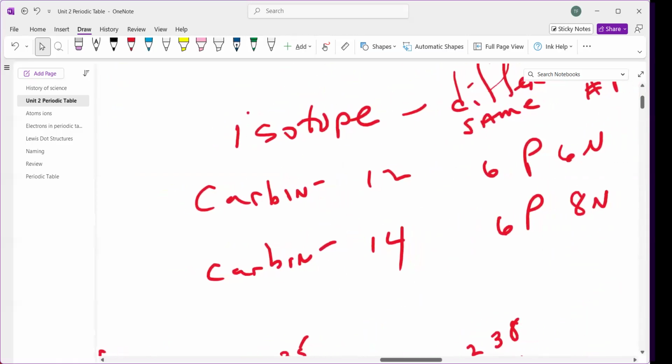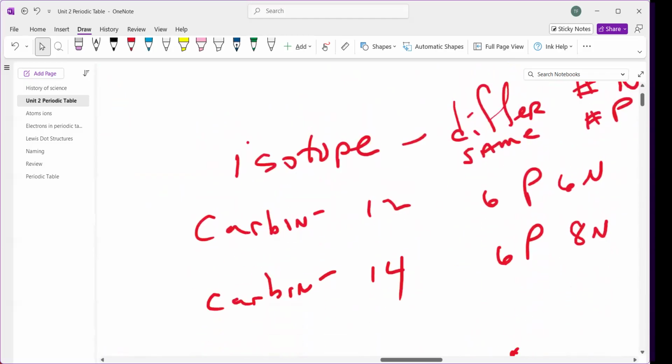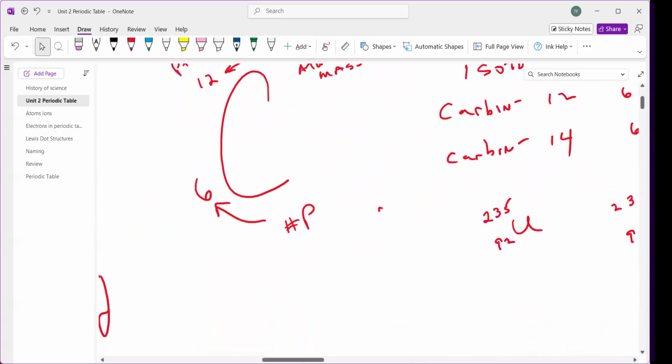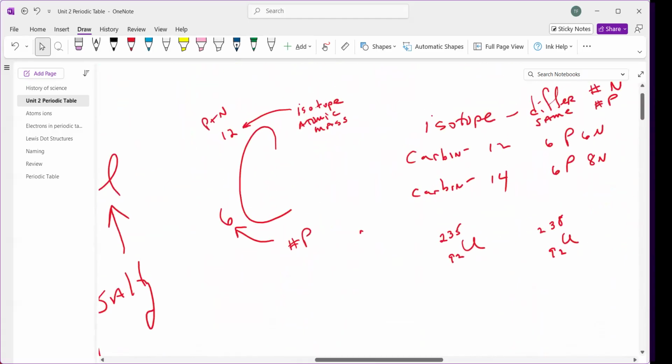And you identify the isotope on top, the top number. It's kind of a weird superscript, but it's the top number. So you can have, for example, carbon 14.